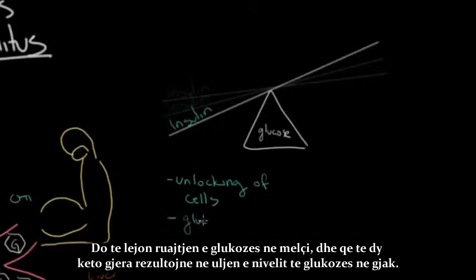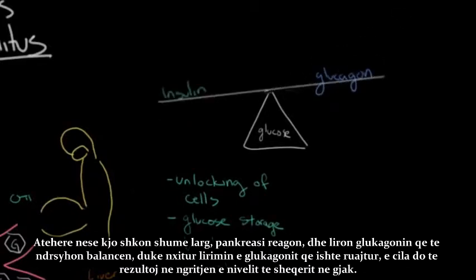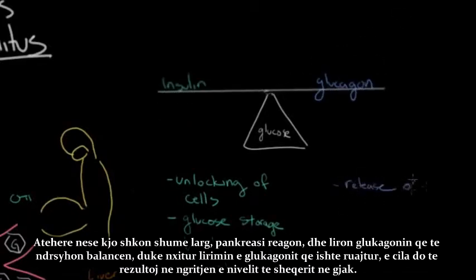It will also allow the liver to store the glucose, and both of these things result in a lowering of the blood glucose level. Then as this gets too far, the pancreas reacts, and it then has glucagon to shift the balance by causing the release of that stored glucose, which results in a raising of the blood glucose level.